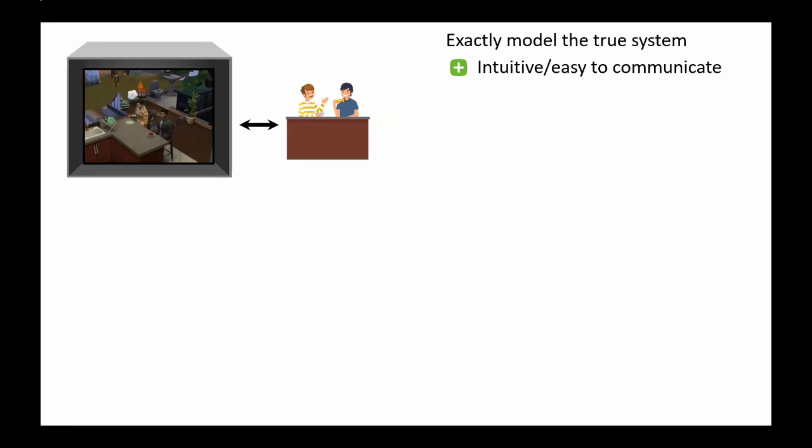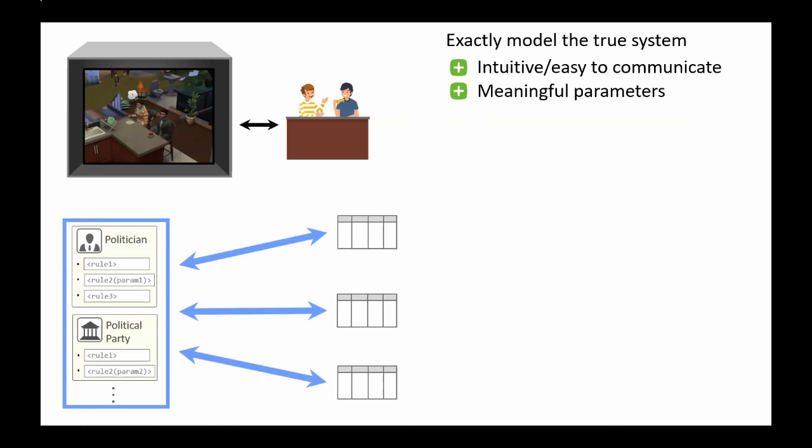So, the advantages of this framework are that it uses simulation-based inference models. With them, we can exactly model the true system, which makes them intuitive and easy to communicate, and allows us to learn meaningful parameters. Also, with this platform, we are building one generalizable model for all datasets, instead of modeling datasets individually.